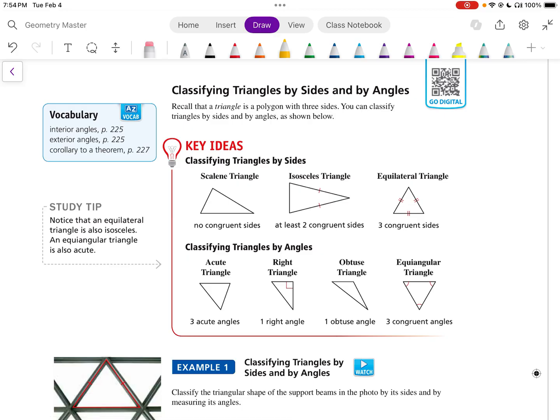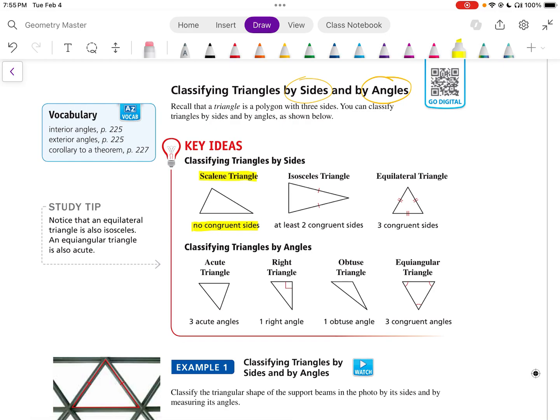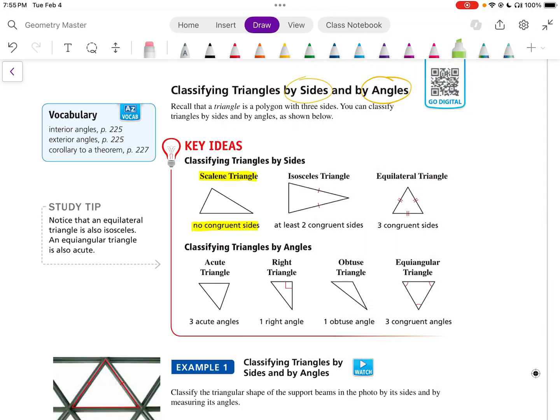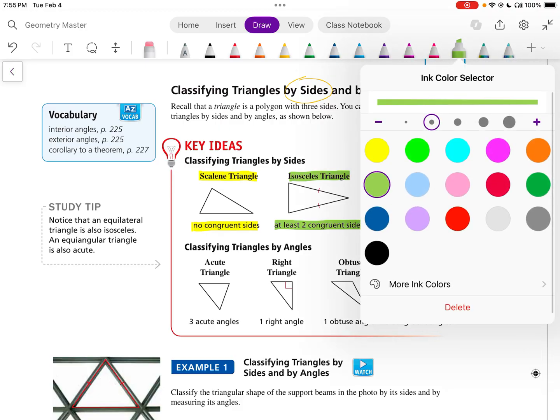We are classifying triangles by their sides and by their angles. When we classify triangles by their sides, if a triangle has no congruent sides, we call it a scalene triangle. If a triangle has at least two congruent sides, it's known as an isosceles triangle.